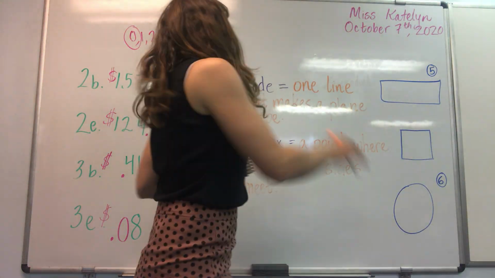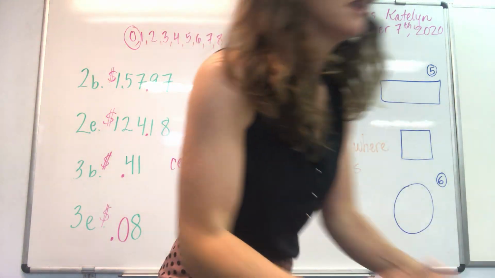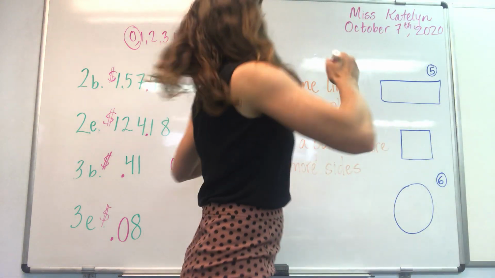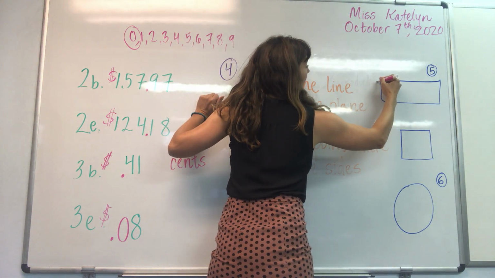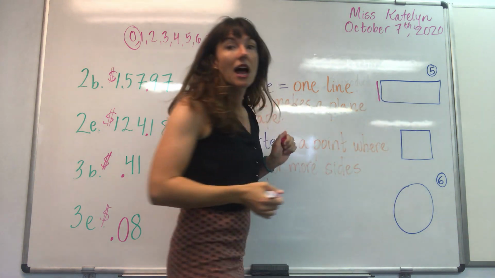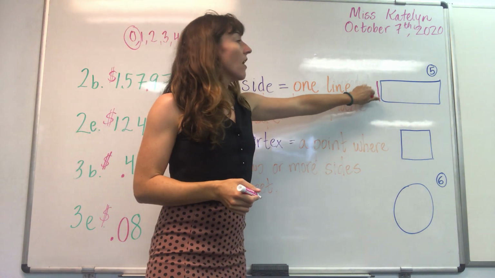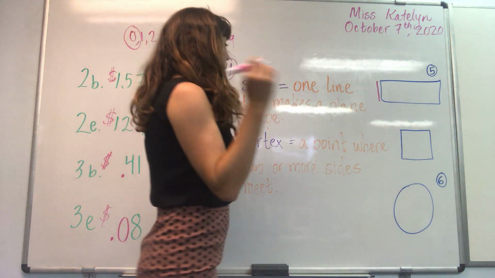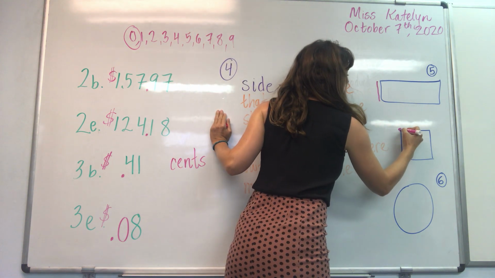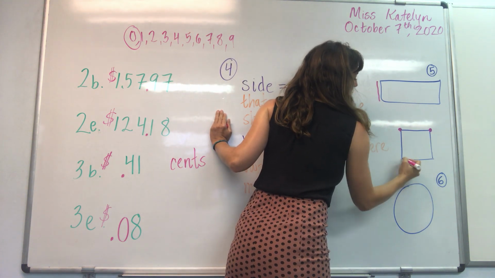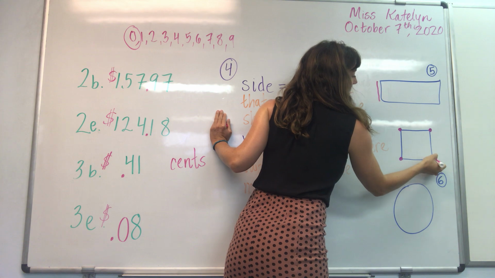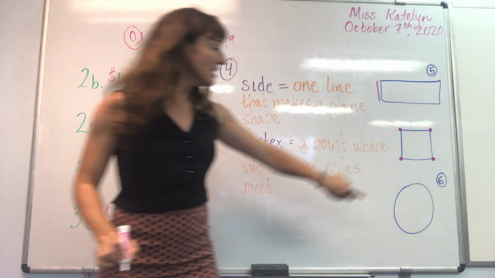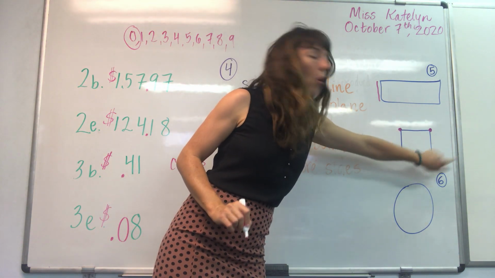So when they want you to count the sides, that means they want you to count the lines. You see that? The lines are the sides. And when they want you to count the vertexes, see these points that I'm making, these dots? It means they want you to count these dots. 1, 2, 3, 4.